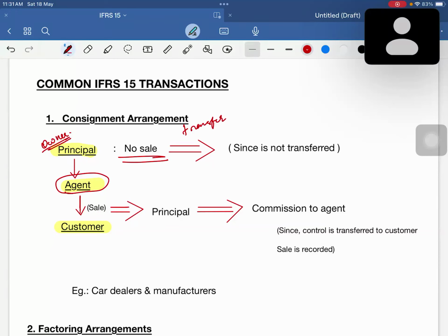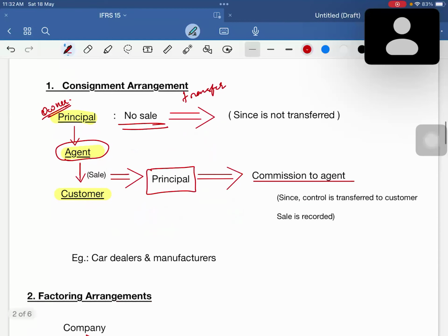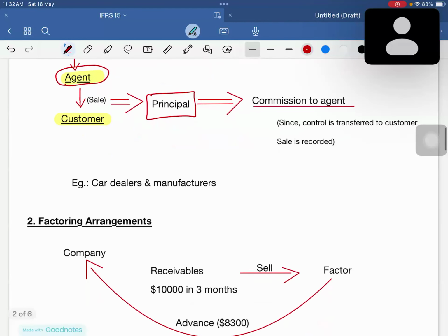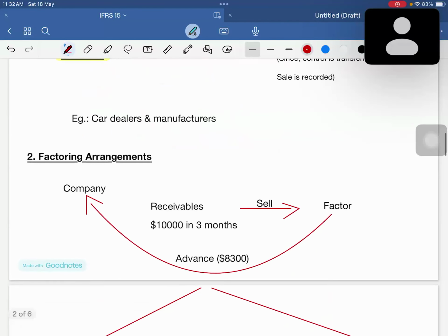Now, when the sale is made, the principal is bound to give the agent a commission, and after that commission, the principal is going to get their net amount of the revenue. This is the same thing that happens with the car dealers and other manufacturers. Understood?